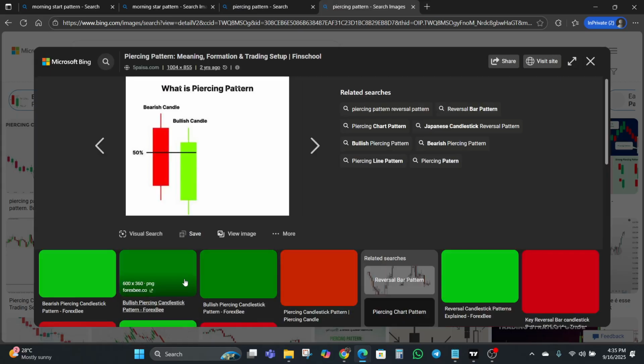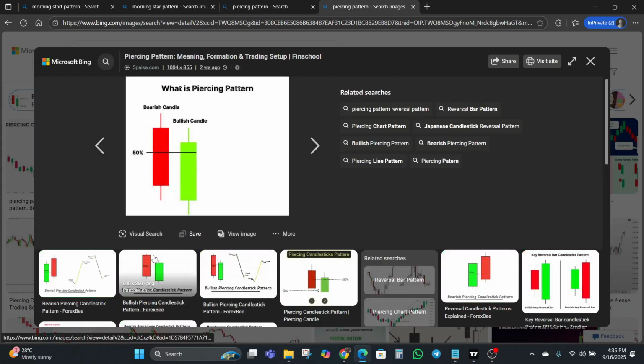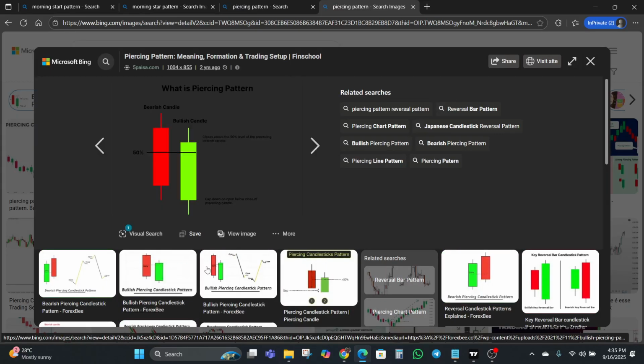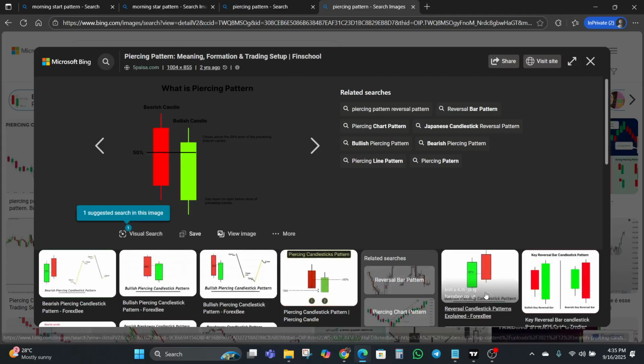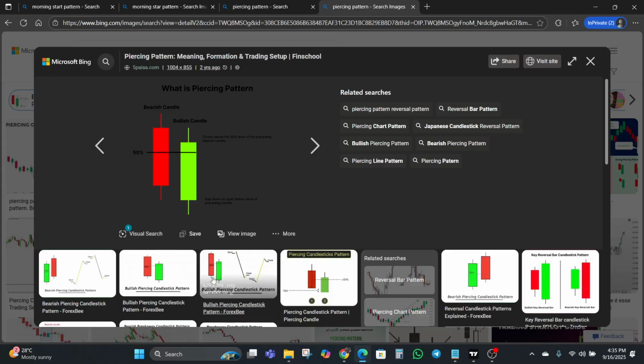The first candle is bearish, followed by a bullish candle that opens lower but then closes above the midpoint of the previous bearish candle. So this suggests that buyers are stepping in and pushing back against the downtrend.